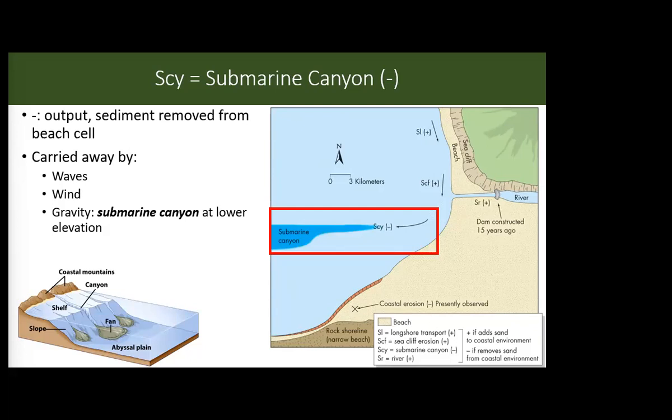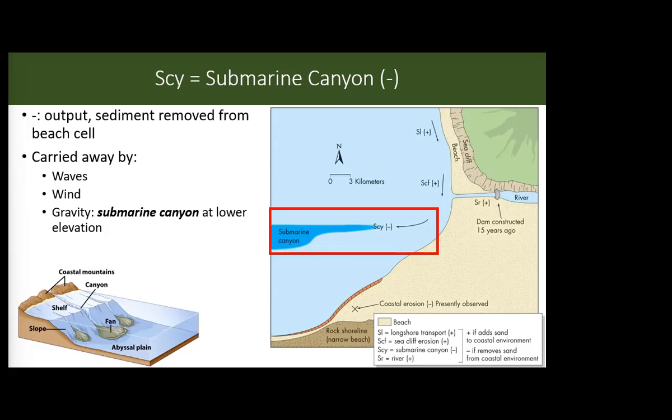Obviously, wave action is going to pull that out. And then gravity, of course. Remember, just because we're at the shoreline doesn't mean that gravity doesn't take effect here. Once it's under the water, it's going to keep falling and falling because we're on a continual slope. Remember, the shelf is a gradual, steady slope. And eventually we find these submarine canyons. Remember, the mouths of these rivers at lower sea levels used to incise deeper into the continental shelf.